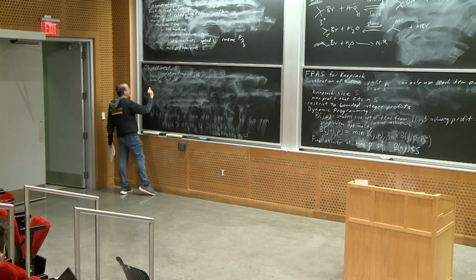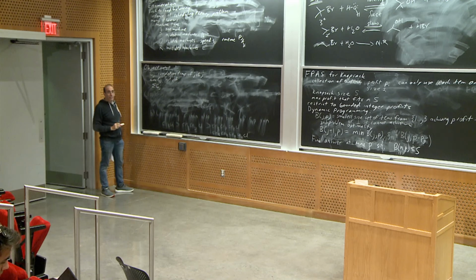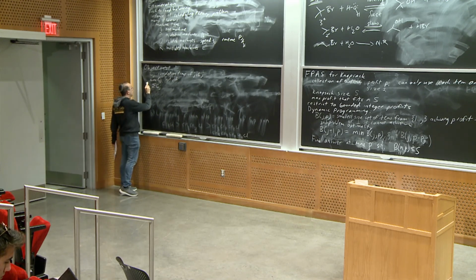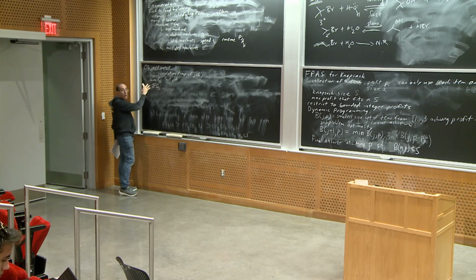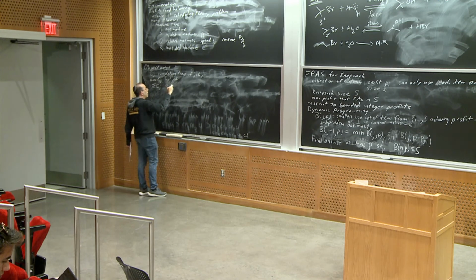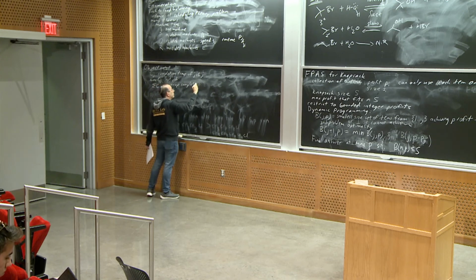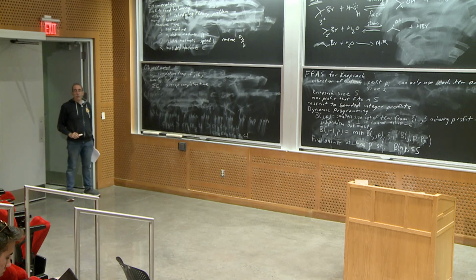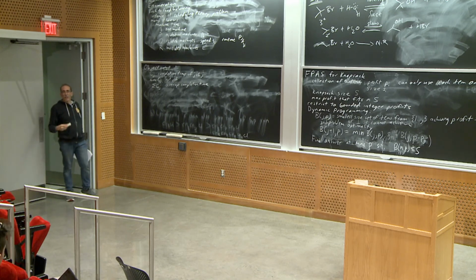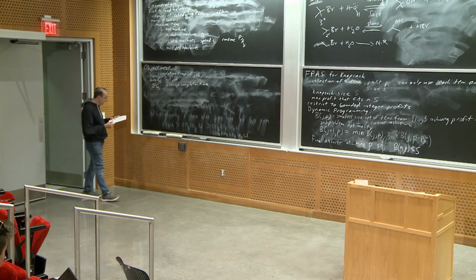But you could instead talk about the sum of the C_j. Why would you be interested in the sum of the C_j? If you throw in a 1 over n, then you're talking about the average completion time. This might be important if your jobs are people and you're trying to provide service to people, and what you care about is people's experience on average as opposed to the one outlier person who was unlucky.